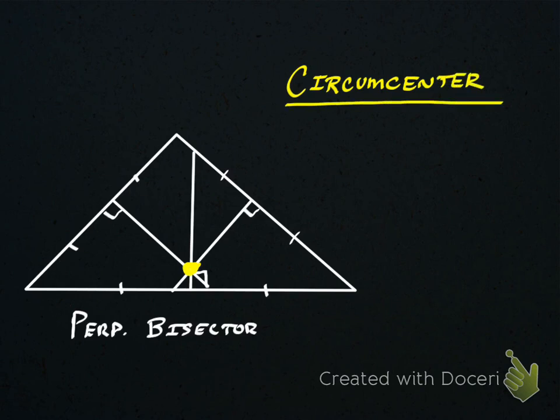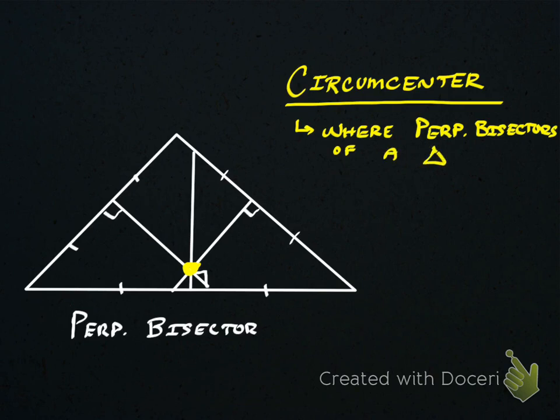The circumcenter is where the perpendicular bisectors of a triangle meet. Now, what's interesting about this, if we were to go to that point in our triangle, it is actually the exact same distance from each vertex.